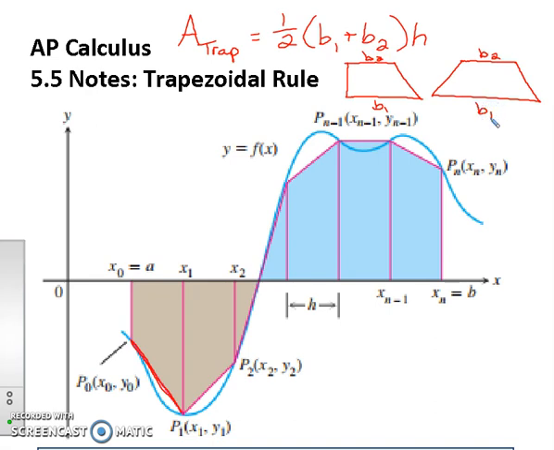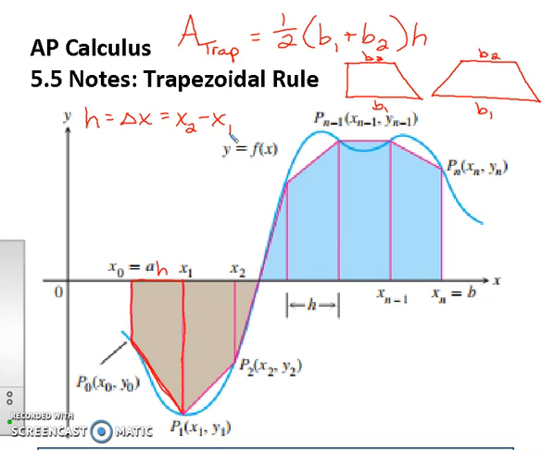They're the ones that are parallel to each other. Well, if you look at all the trapezoids drawn in this picture here, the parallel sides are the vertical lengths, and then the height is actually the change in x. So the height is going to be equal to your change in x, or right endpoint minus left endpoint, the width of that interval, just like it is with the rectangles that we've done so far.